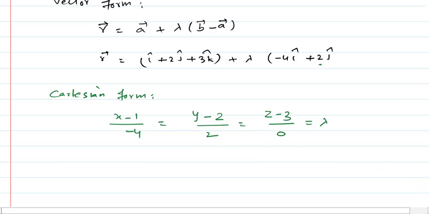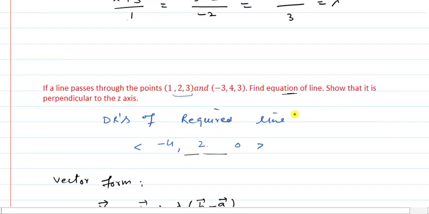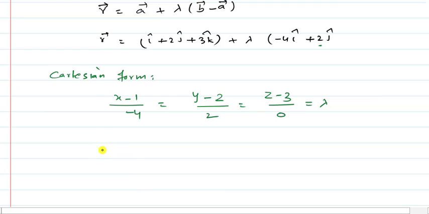Now next we need to prove that this line is perpendicular to the z-axis. Here again we'll use the concept of vectors. As I just explained, the direction cosines of the z-axis are, if you remember, cos 90 degree, cos 90 degree and cos 0 degree, meaning 0, 0 and 1, that I explained in the starting.